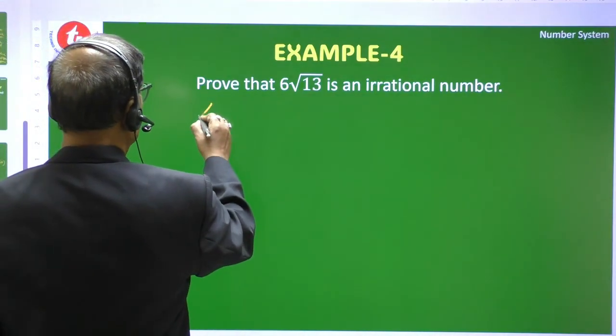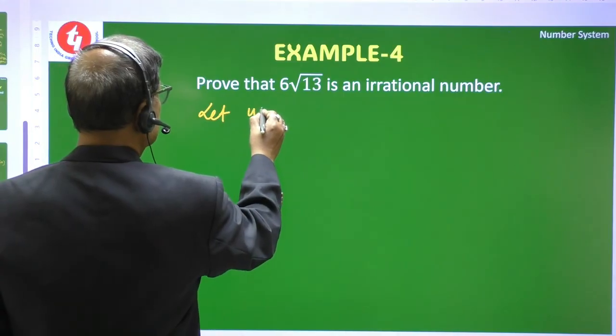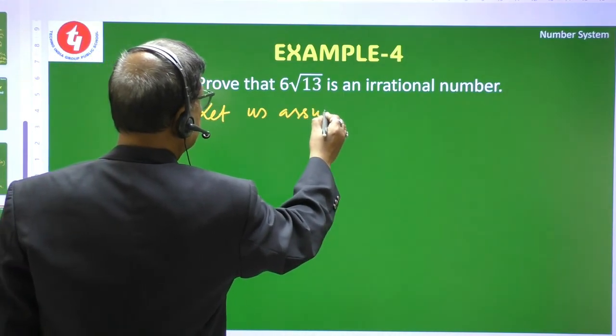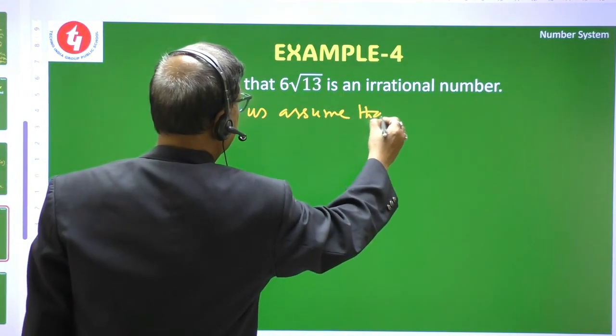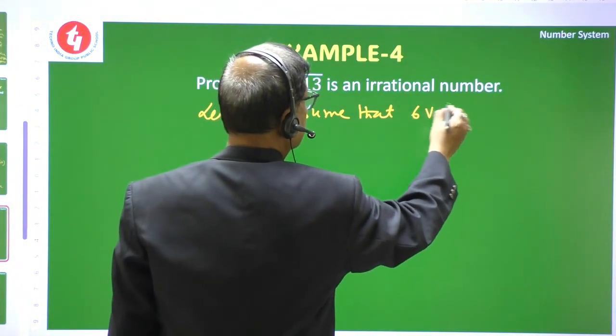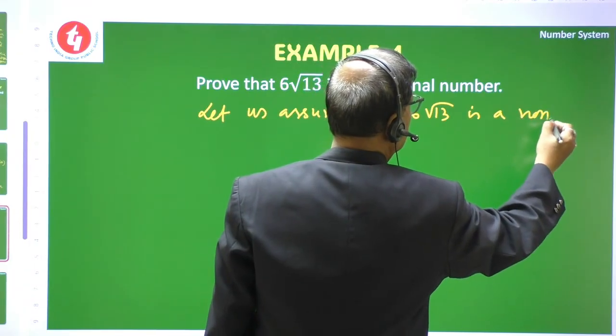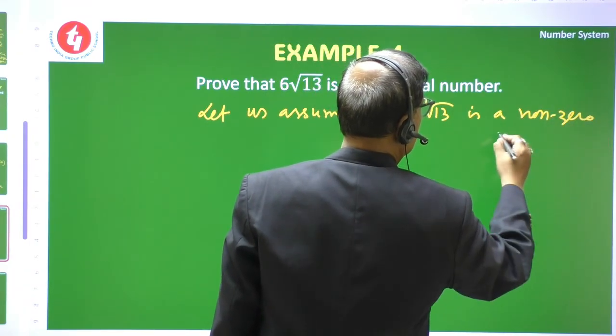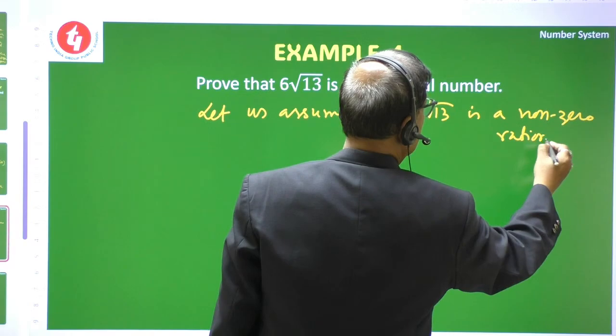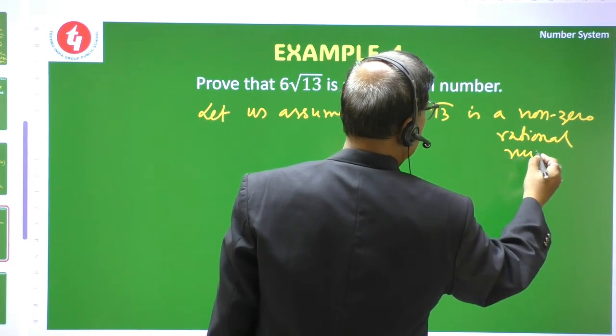So here also we will assume, let us assume that 6 root 13 is a non-zero rational number.